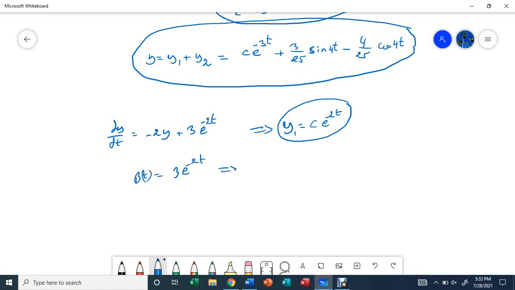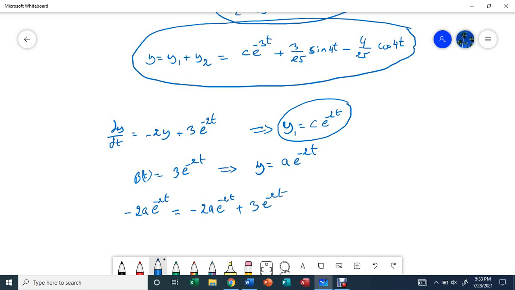So my first guess will be y equals A times e to negative 2t. So what's the derivative of that? Using the chain rule, it's going to be negative 2A e to negative 2t, equals negative 2 times y, so negative 2A e to negative 2t, plus 3 times e to negative 2t.